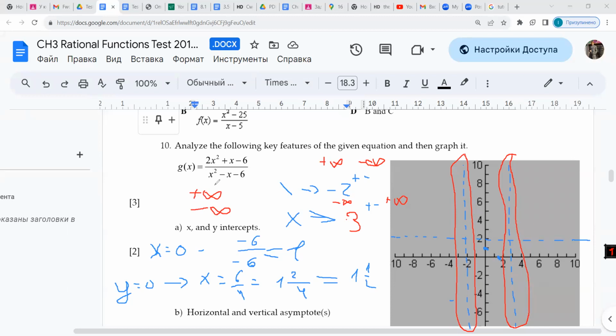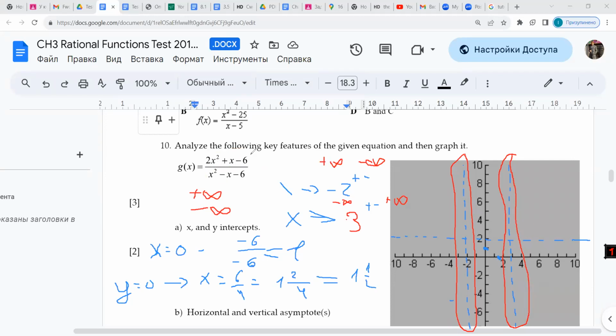So if I substitute positive infinity into this function, the numerator is going to be an incredibly big positive number, and the denominator would be an incredibly big positive number as well.